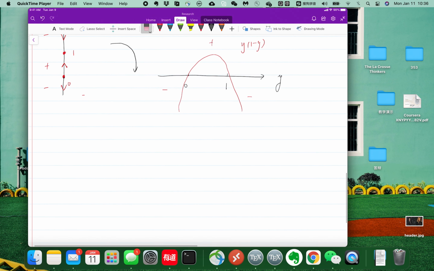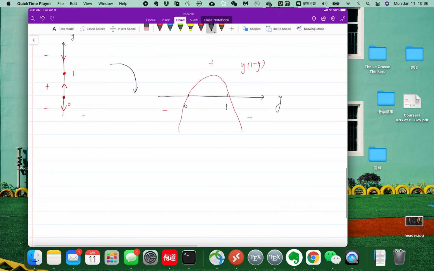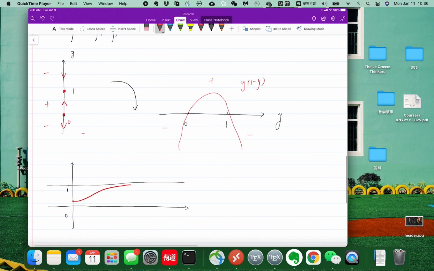Okay, but once you have that phase line, what does it tell you? It tells you the whole thing is going to be this. If you start from any initial value between 0 and 1, you go up but never touch. Remember we said they cannot intersect each other if it's unique. If it goes above, you always go down and come to here.